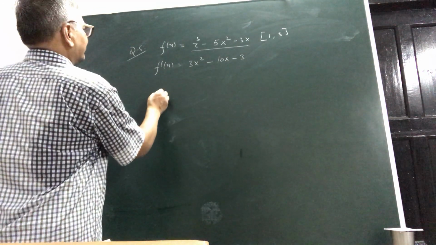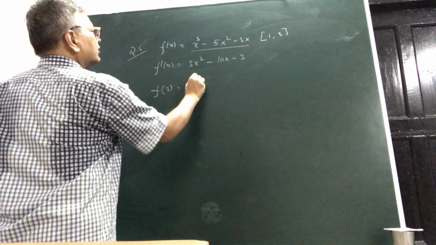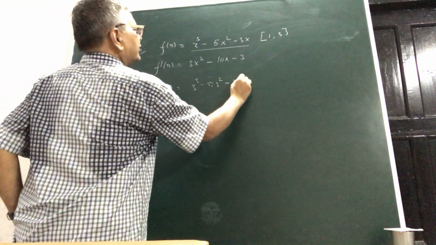For verifying the mean value theorem, first of all, let us find the value of f(3). f(3) is 3 cube minus 5 into 3 square minus 3 into 3.